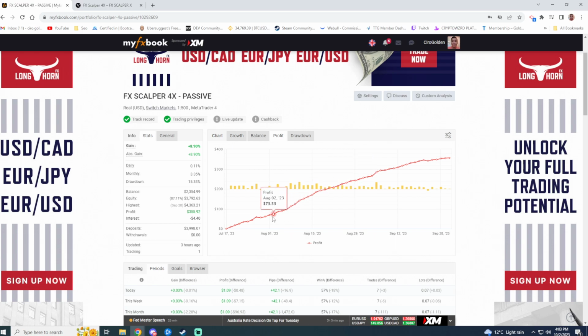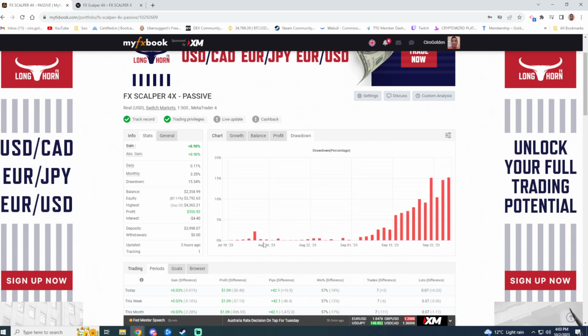This is a better picture depicting the profit, as it's slowly going up here, and it's continued to go up. It's great to see that the profit is consistent and we're slowly building up like a big mountain here. The drawdown with our passive account was very, very small for the duration of August.